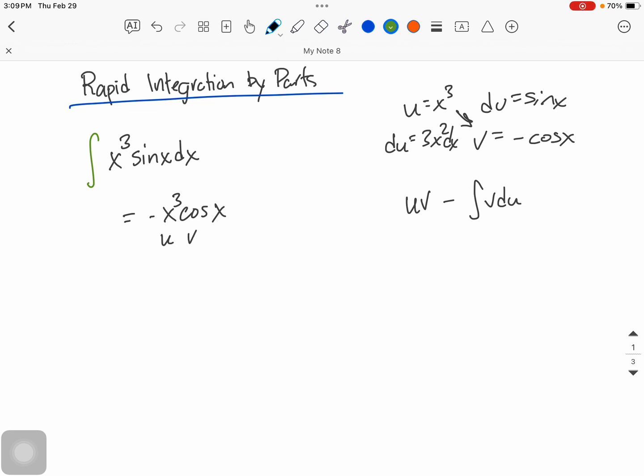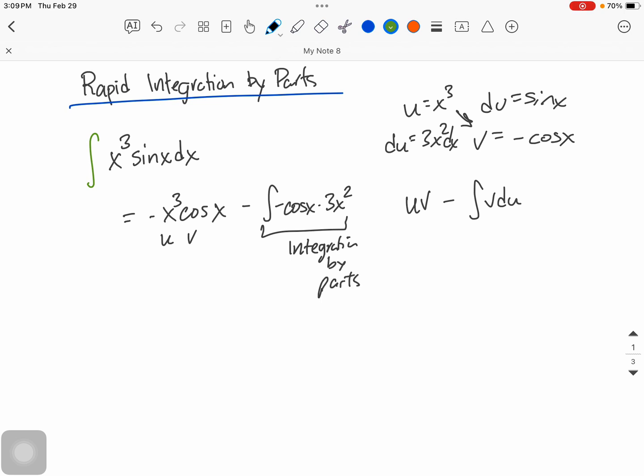That's u and v, minus the integral of v du, which would be minus cosine x, 3x squared. And what can be kind of a hassle is that now within this, you have another integration by parts.